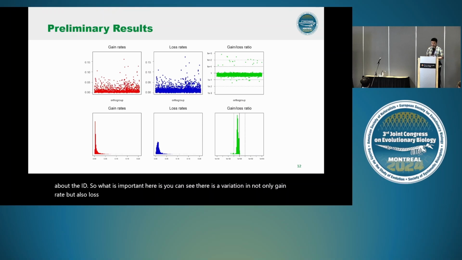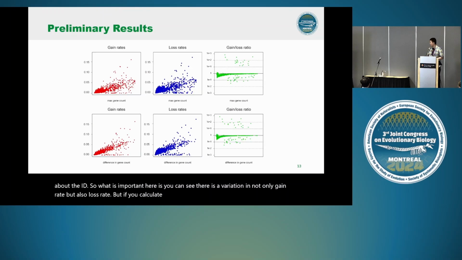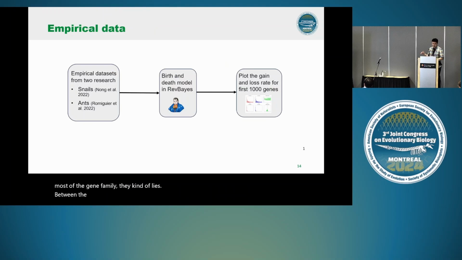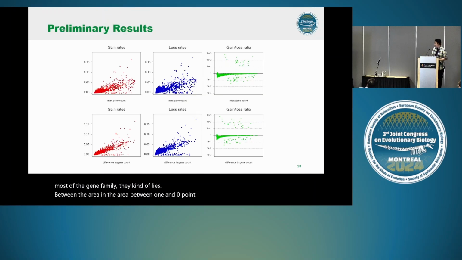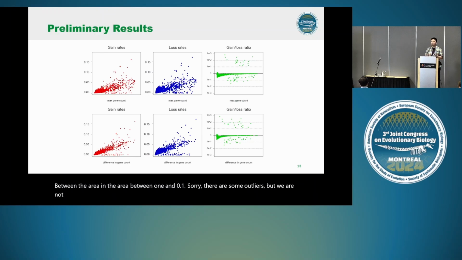But if you calculate the gain rate and loss rate ratio, you will find that most of the gene families lie in the area between 1 and 0.1. There are some outliers, but we are not sure if these are interesting gene families to look into, or if they are due to some failed MCMC runs.